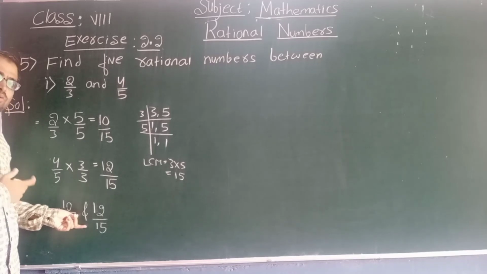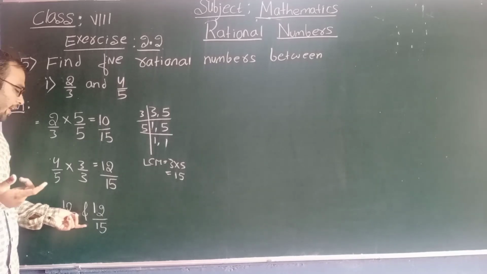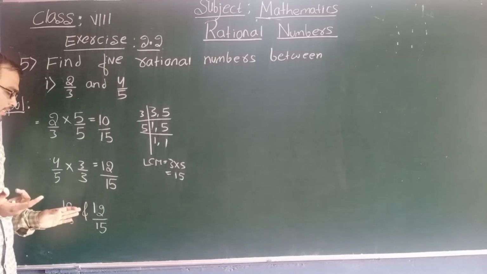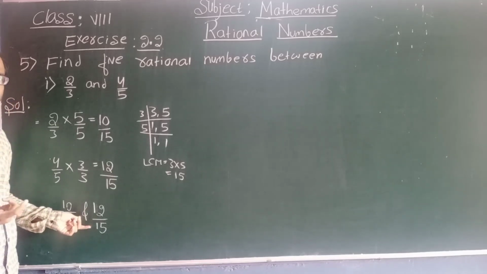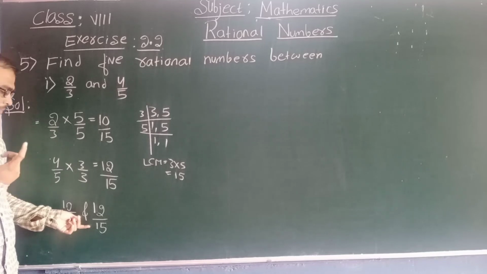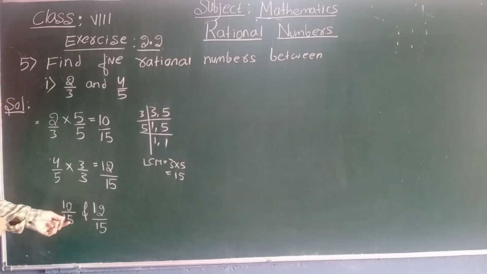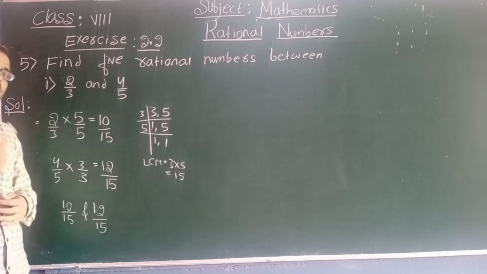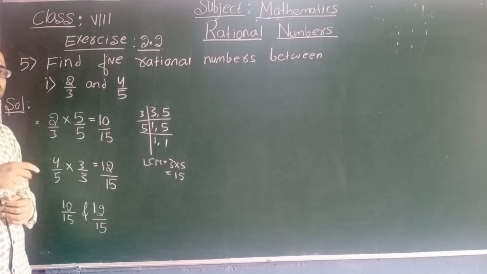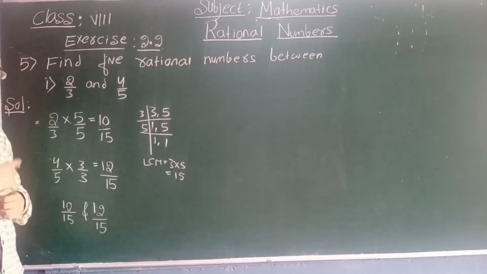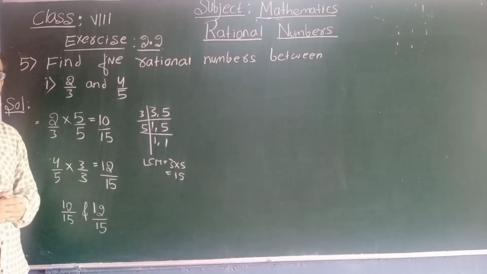If we use only these numbers, we can write only one rational number, that is 11 by 15. But we don't want one, we want 5 rational numbers. So for that we need to multiply by some other number to get more and more rational numbers.